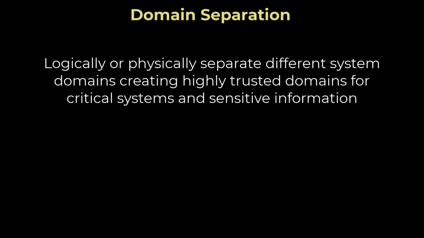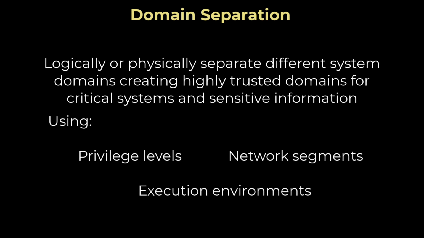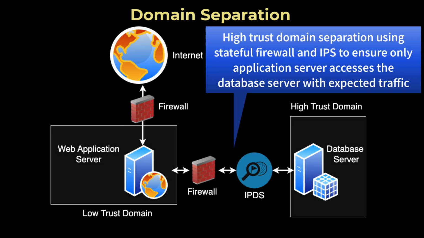Domain separation involves logically or physically separating different domains of the system, allowing their security needs to be managed distinctly. In practice, a domain can refer to different privilege levels, network segments, or execution environments. For example, consider a system that has a public-facing web interface and an internal database.